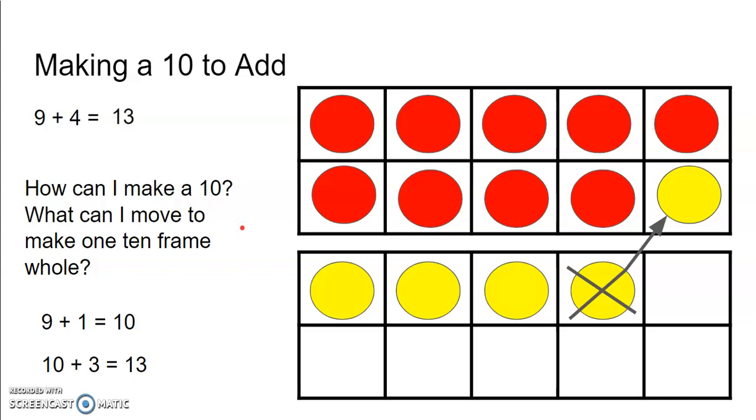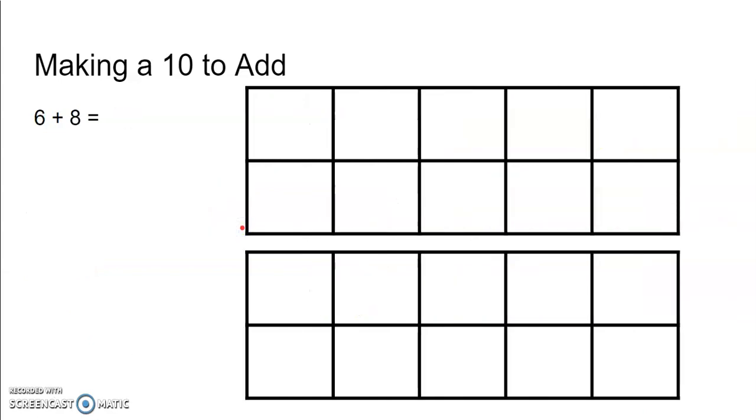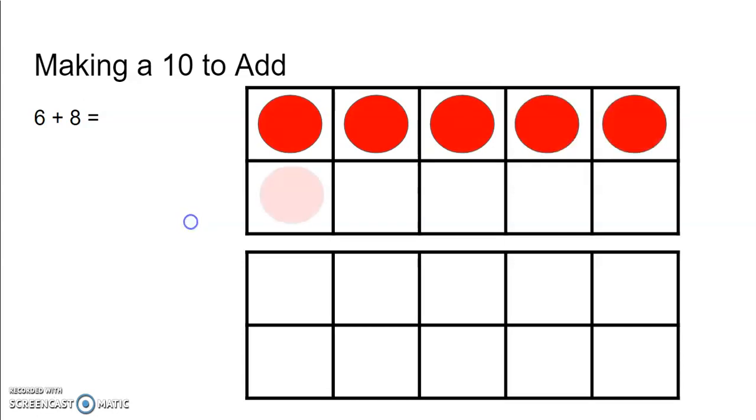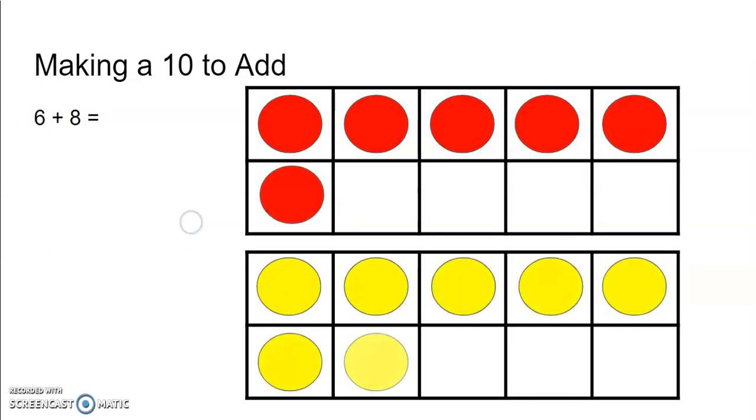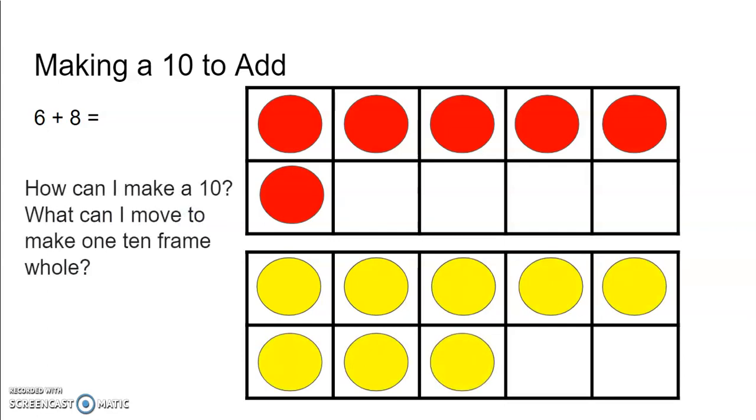So here's another example. 6 plus 8. So I will put 6 circles in the top 10 frame. And then 8 circles in the bottom 10 frame. So now that I'm thinking about 6 and 8, I'm going to ask myself, how can I make a 10?